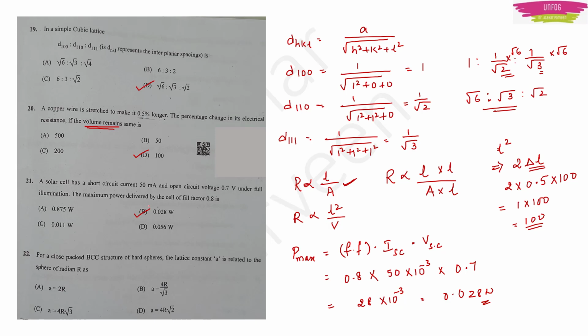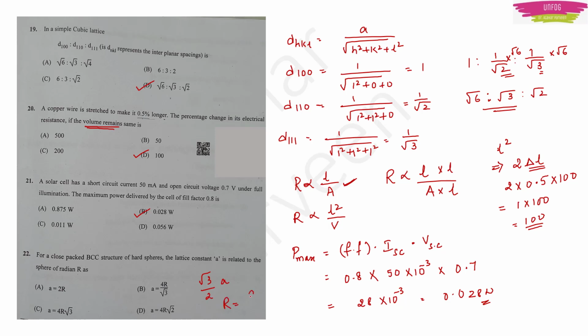For a close packed BCC structure of hard spheres, the lattice constant A is related to the sphere radius r as. There are 4 options. You don't get confused. We need to write and find out. Here for BCC structure, interatomic distance is root 3 by 2 into A. And what about the radius?